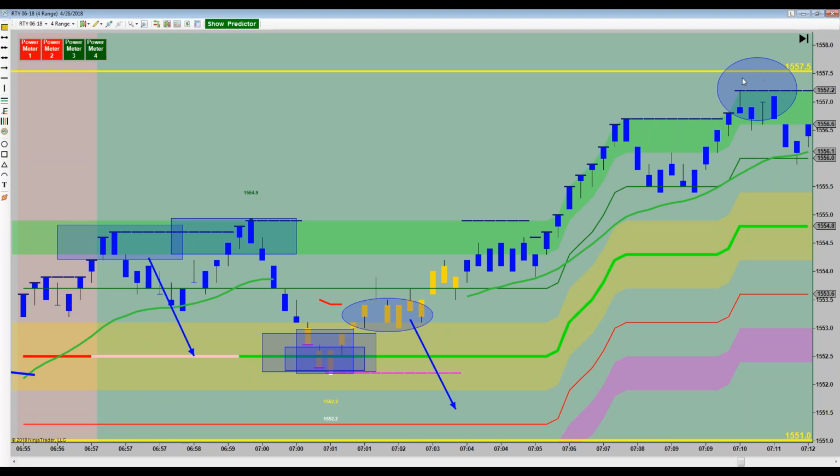Where in the heck did that yellow line come from? Is that left over from some other webinar I did like 2 weeks ago? That's the top of the resistance range that we drew back in the pre-market session. Right. So if you're long from anywhere down here, what ought you to think about doing up here?